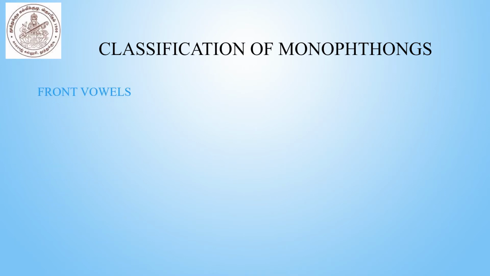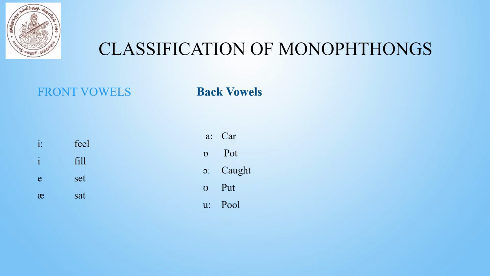Classification of monophthongs. We classify them into three as front vowels, back vowels, and center vowels. The front vowels: there are 4 front vowels, and in that we have only one long vowel sound, E. Then back vowels: we have 5 back vowels.